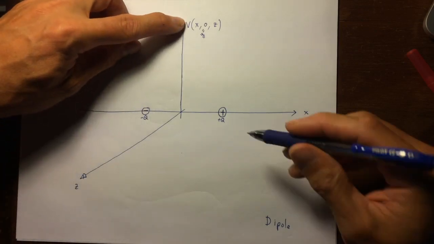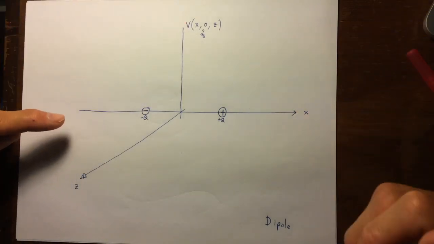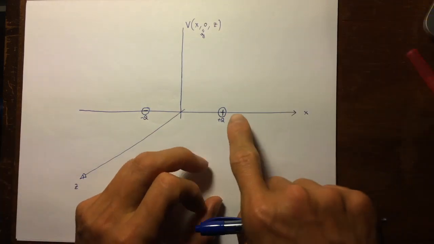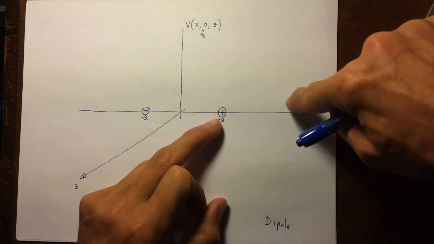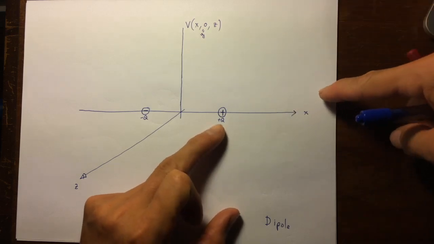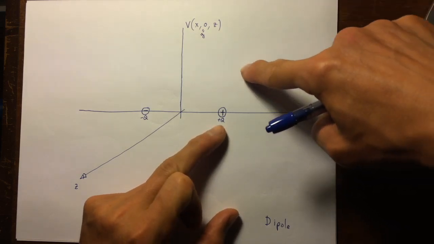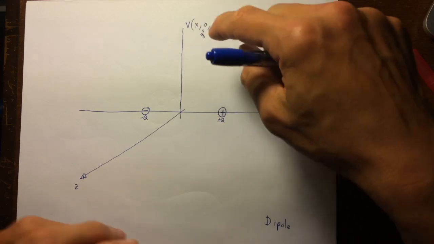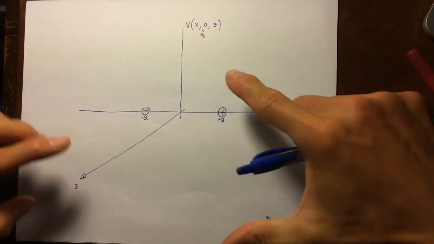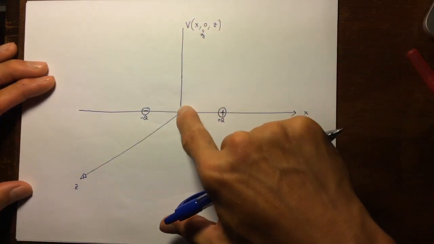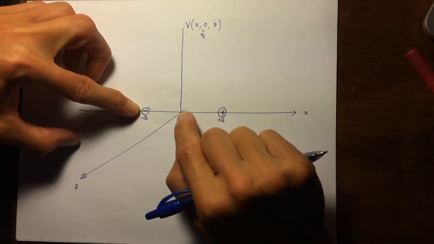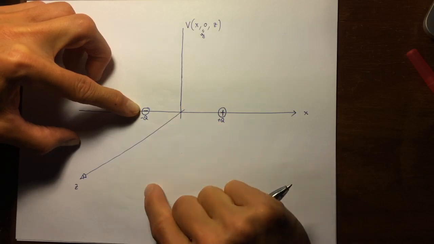So what you'll find, and this is neat, along the x-axis, you're going to get a potential function that gets very high as you approach the positive sign, coming from the large values on the x-axis. But then on the other side, it's going to come down. It's going to be like a sharp peaked thing. But the way it's got to go is, right, potentials around negative charges are negative. So if I'm closer to the minus sign than the positive sign, then the potential is going to drop down.